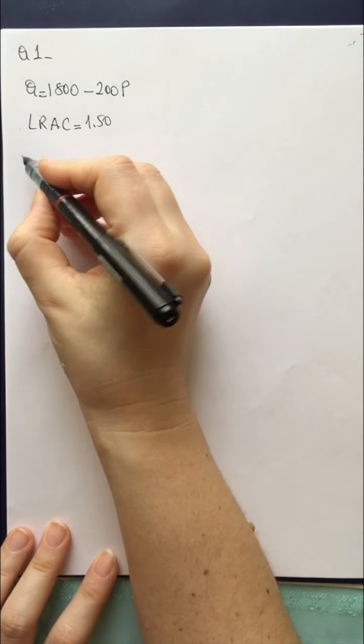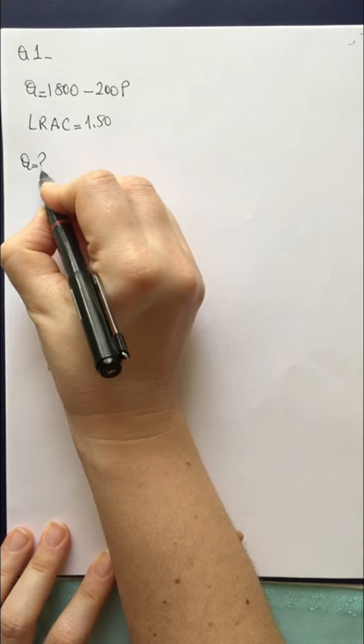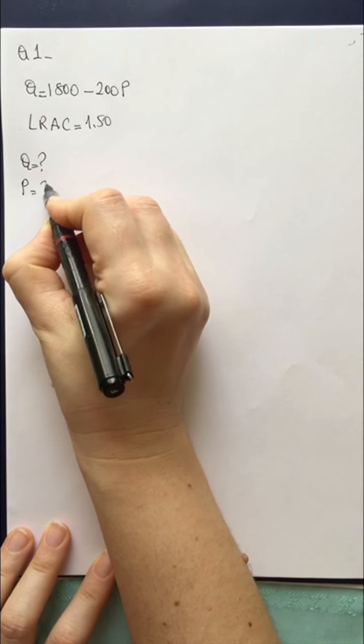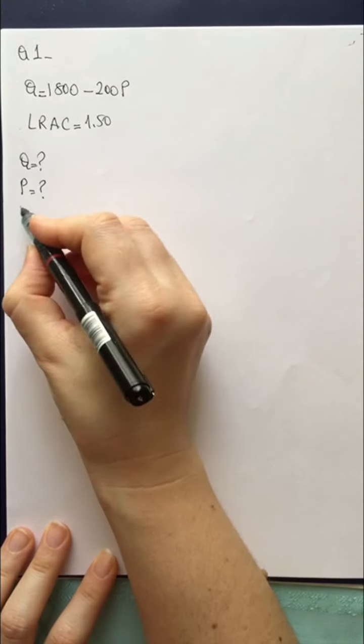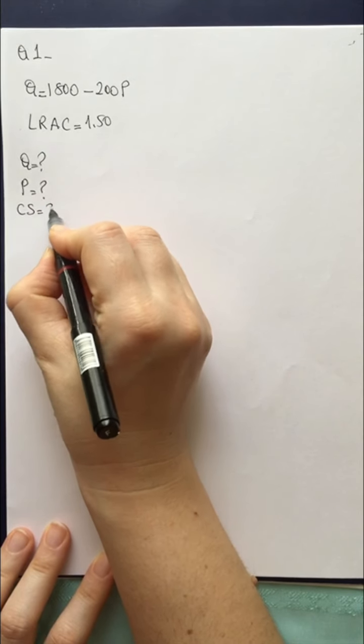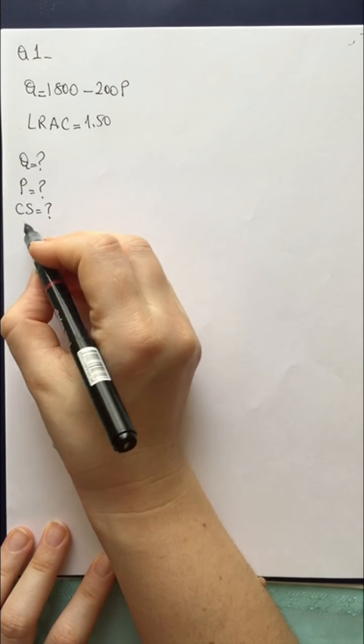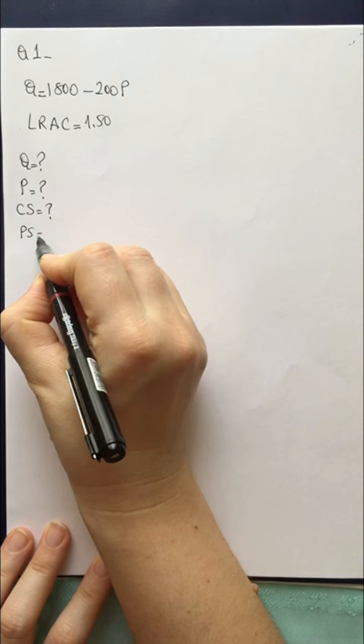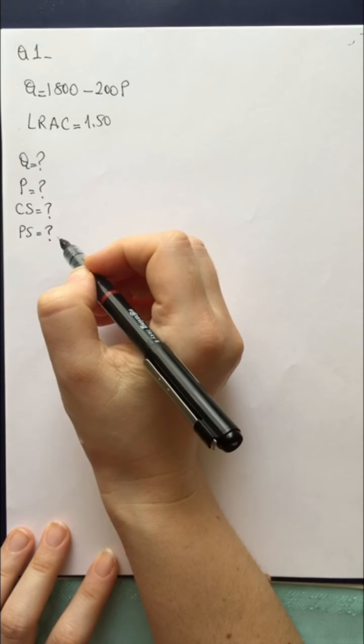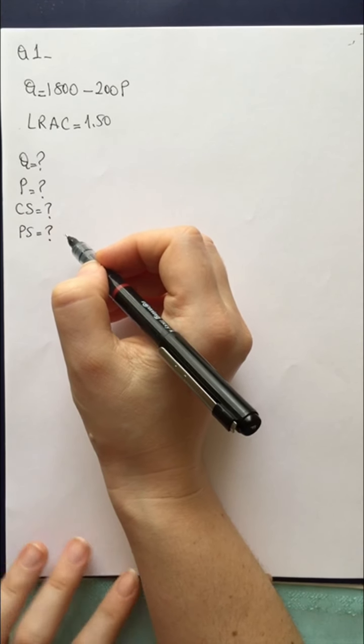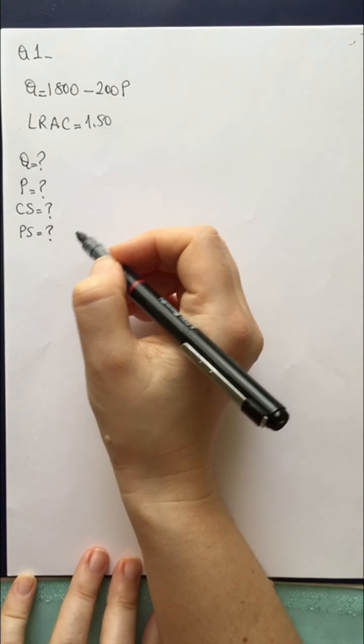The question is, calculate the market output, the profit maximizing level of output, price, consumer surplus, and producer surplus. For each of the scenarios below, compare the economic efficiency of each possibility.